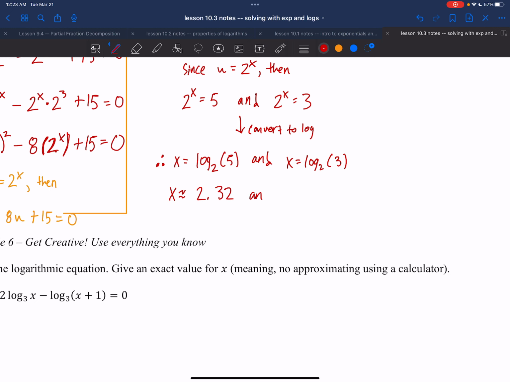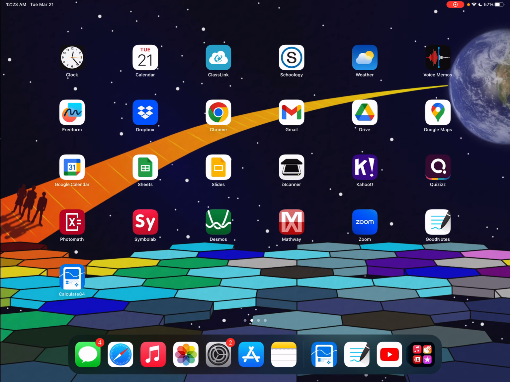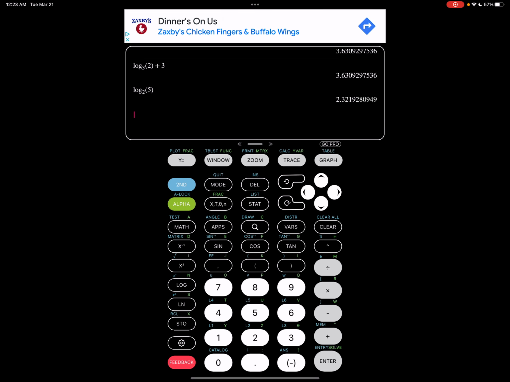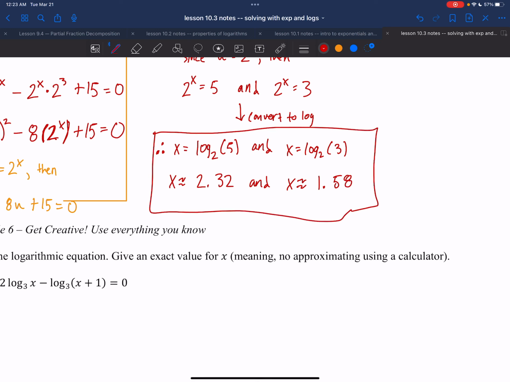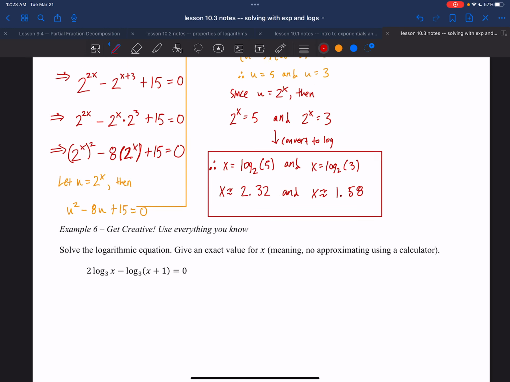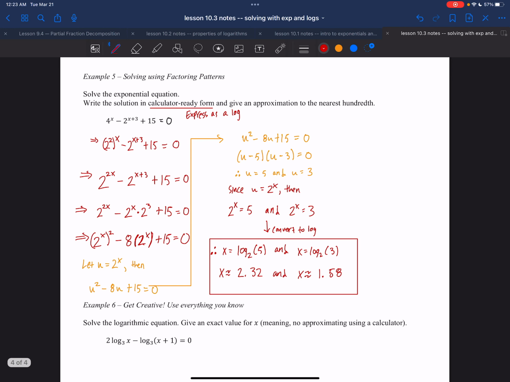And x is approximately log base 2 of 3. Log base 2 of 3 is 1.58. And those are my beautiful solutions. Done. Okay.